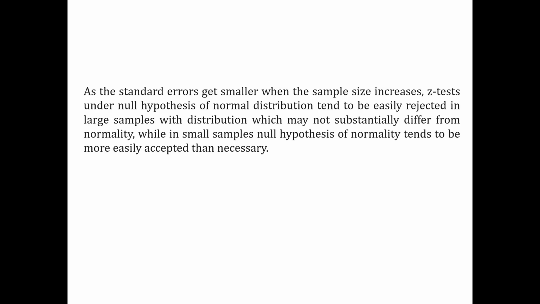As the standard error gets smaller when the sample size increases, the Z test and the null hypothesis of normal distribution tend to be easily rejected in larger samples with distributions which may not substantially differ from normality, while in small samples, the null hypothesis of normality tends to be more easily accepted than necessary.